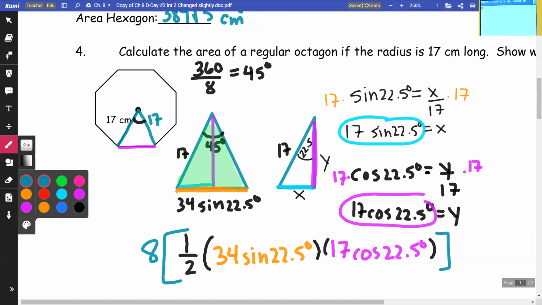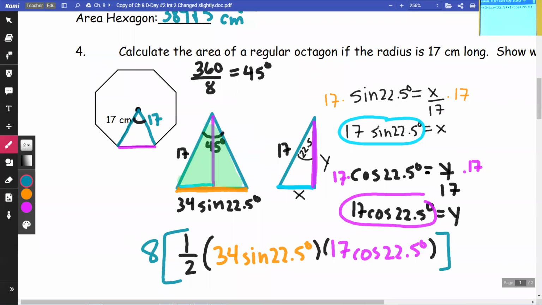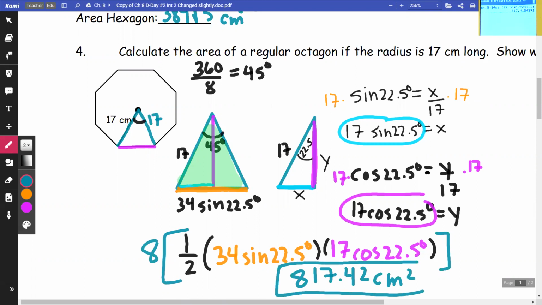So 8 times 0.5 times 34 sine of 22.5, close that parenthesis, times 17 cosine of 22.5. And I'm going to end up with 817.42 centimeters squared. That is going to be our answer.